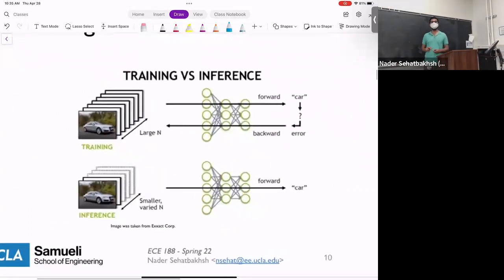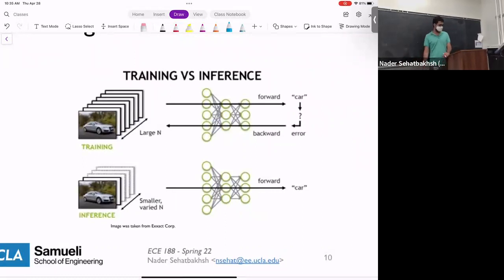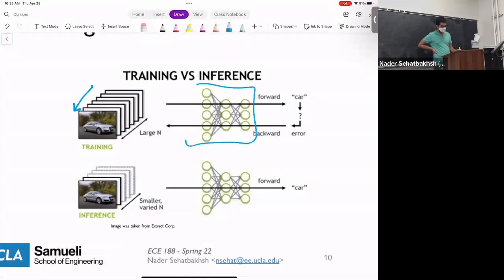So the training algorithm is this back and forth iterative process where we essentially have a bunch of inputs. For example, in this case, images of different cars. And we have the model. In this case, this is a neural network that I'm going to talk about, but just think about this as some mathematical function. We put the image through this f of x and we get our y.